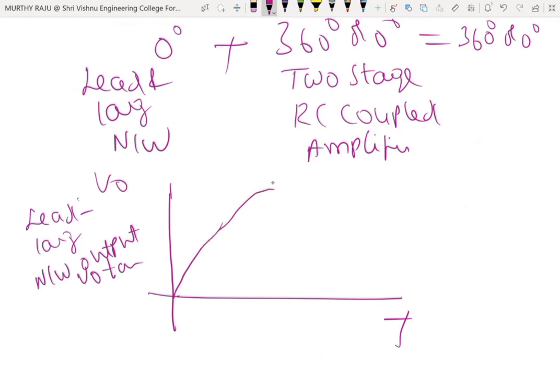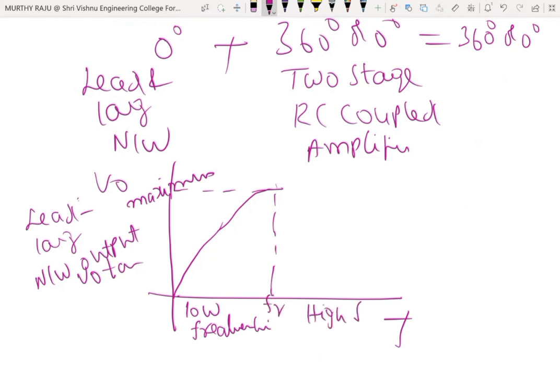At a particular resonance frequency, the phase shift is 0 and the output voltage is maximum. At high frequencies, after that resonance frequency, this is the high frequency range, the gain gradually decreases.